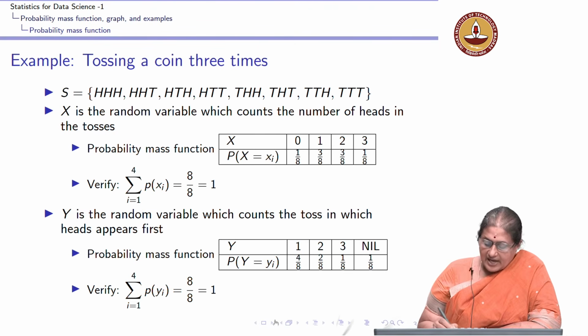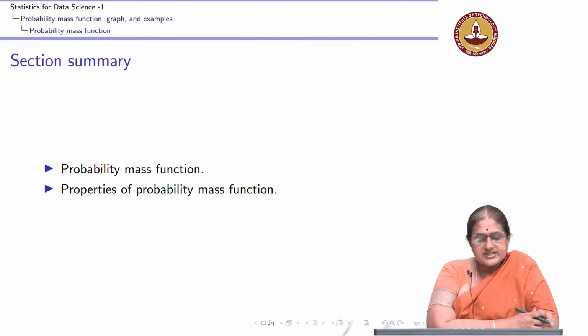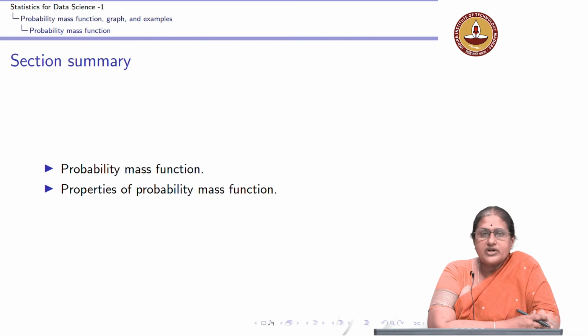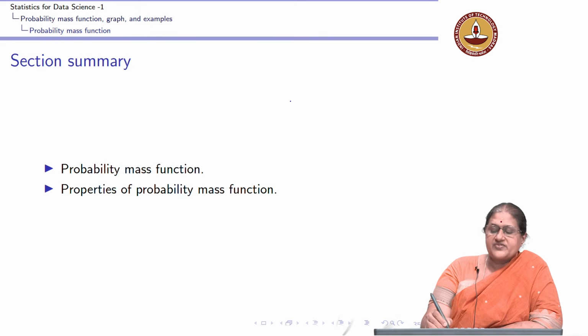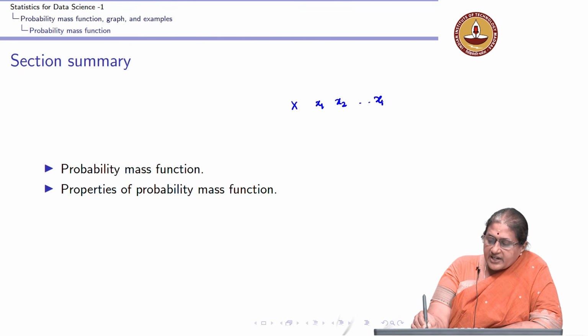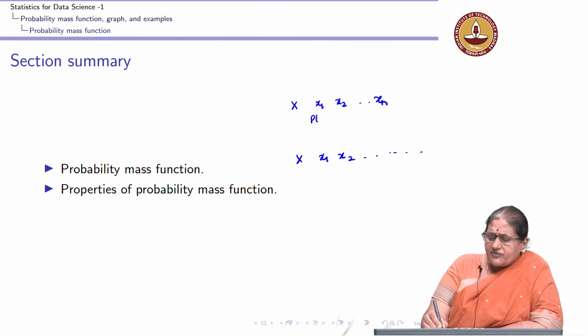So, by this time, what you have to understand is what a probability mass function is. Again, remember, we are talking only about a discrete random variable. So, what we are looking at is a discrete random variable which can take a finite number of values, or it can take countably infinite number of values, with probability X equal to xi, which is p of x1, p of x2, up to p of xn.